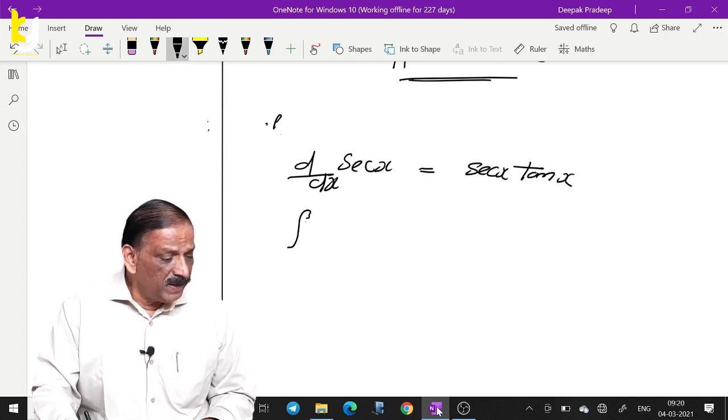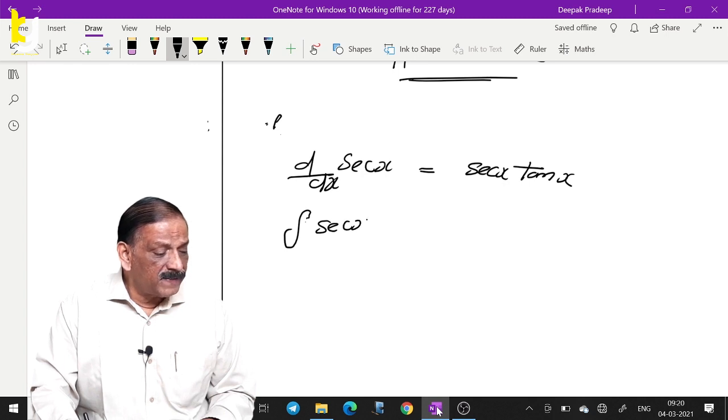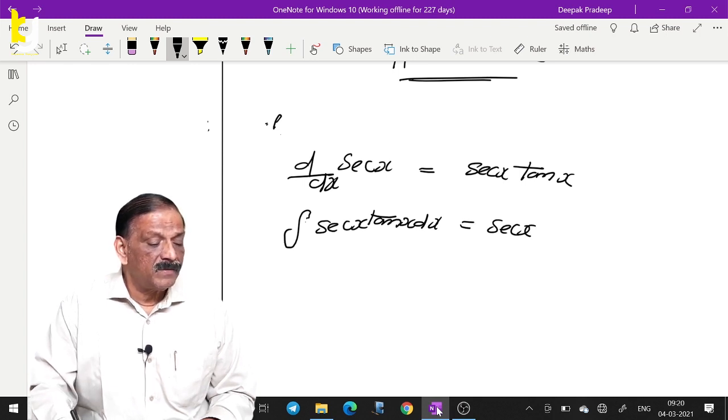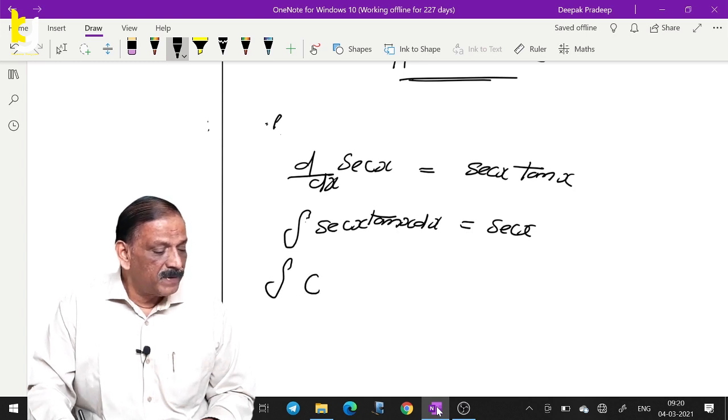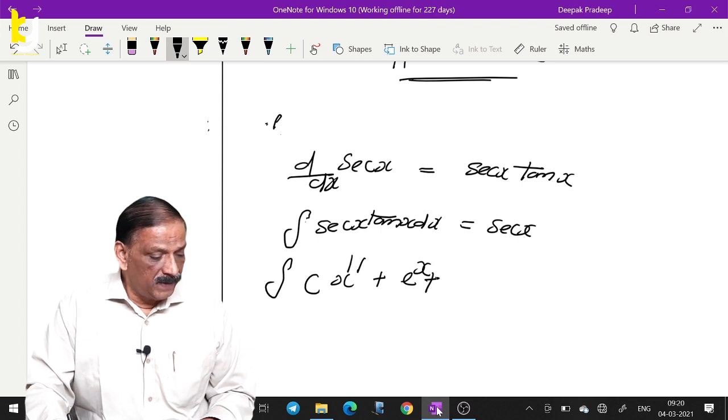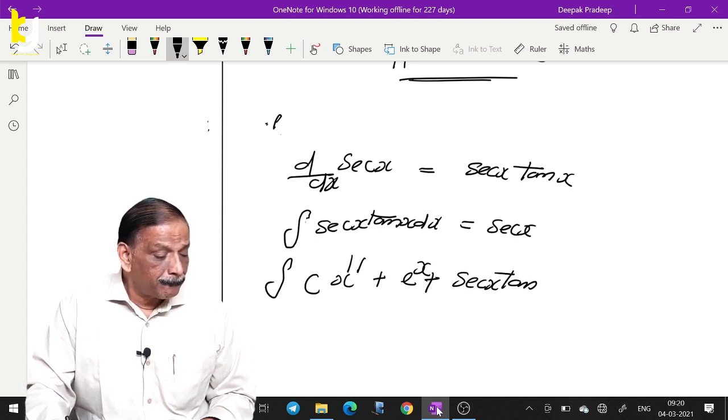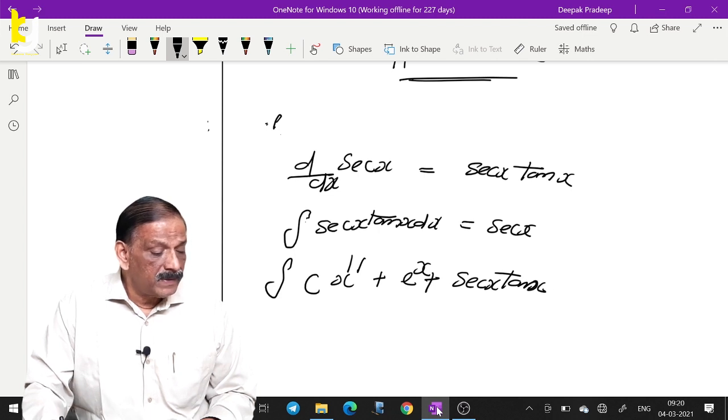Therefore, integral secant x tan x dx equal to secant x. We are studying the formulas.